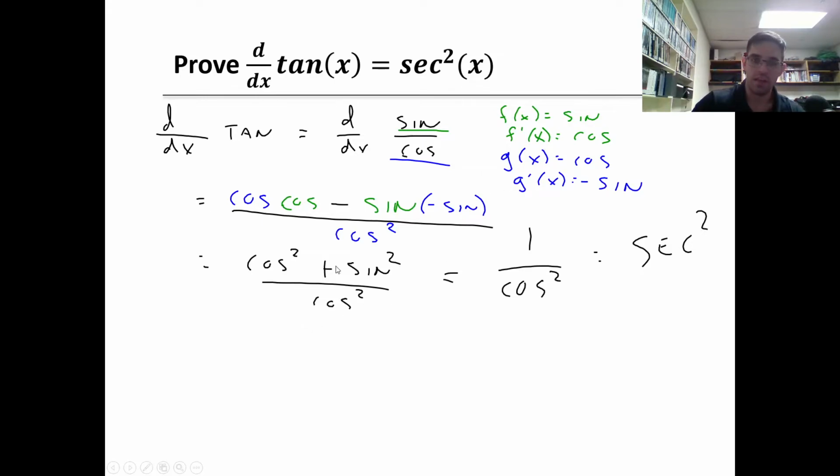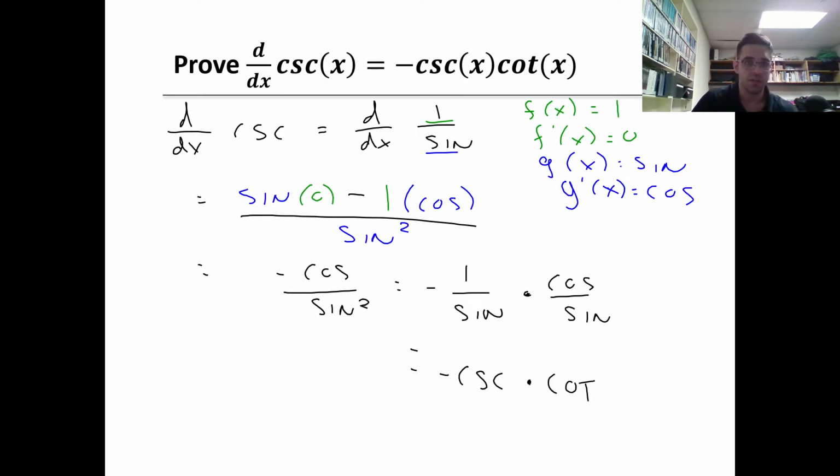Now, we know our Pythagorean identity: cosine squared plus sine squared equals 1. So we could write this as 1 over cosine squared. And since 1 over cosine is secant, a reciprocal function, then 1 over cosine squared would just be secant squared. So the derivative of tangent is secant squared.